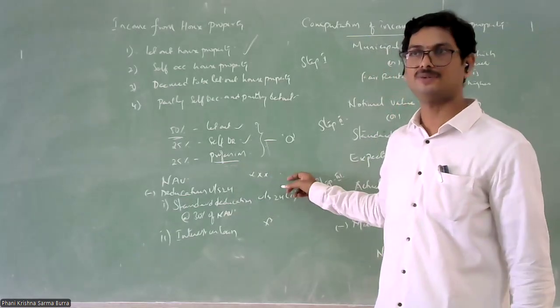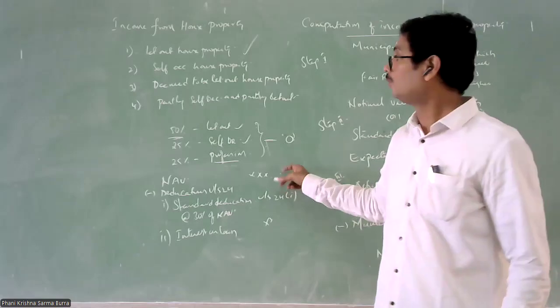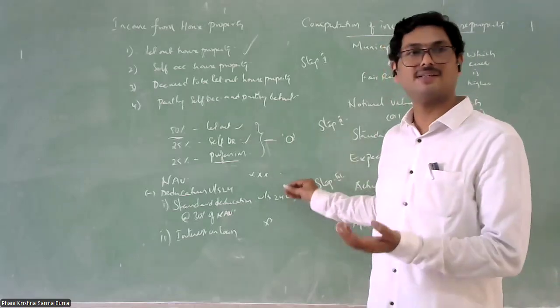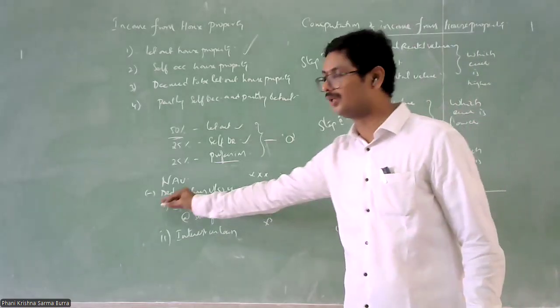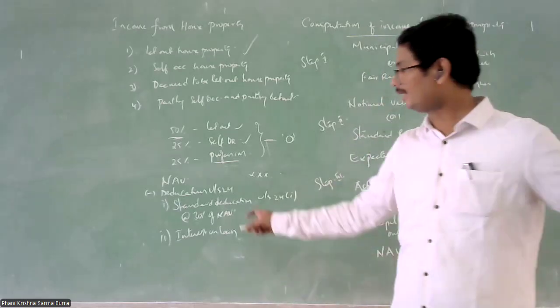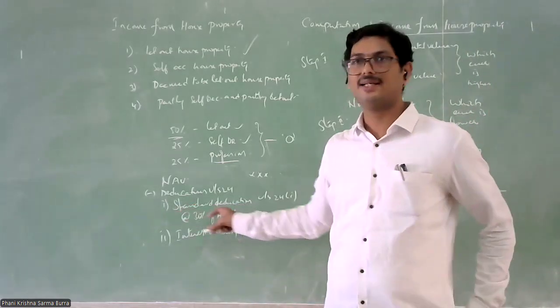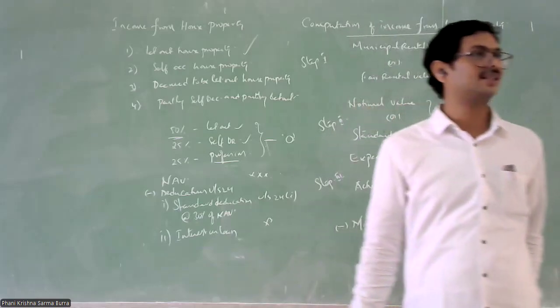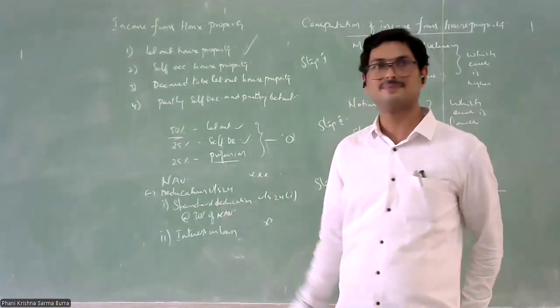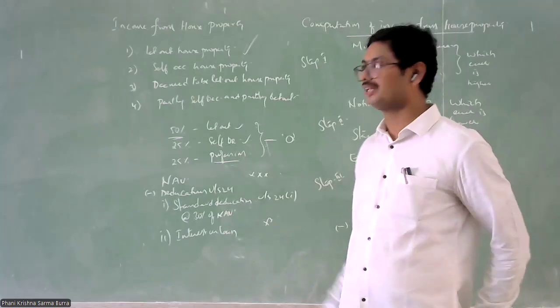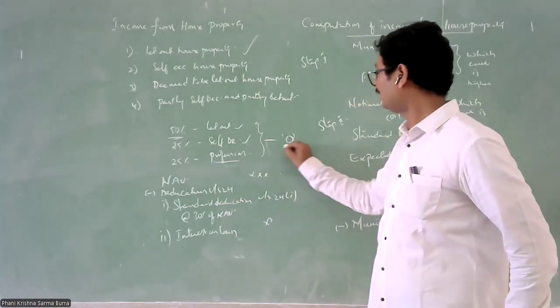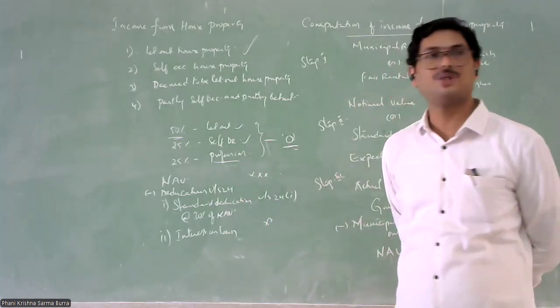In these three cases we calculate the net annual value, but only let out house property has a value and is allowed the standard deduction. First, the standard deduction is calculated at 30% on net annual value. In case of self-occupied, the net annual value becomes zero.